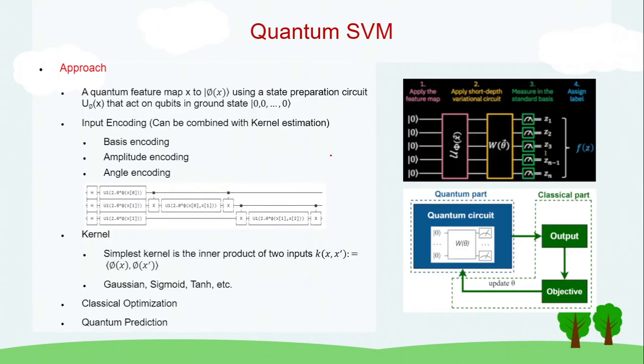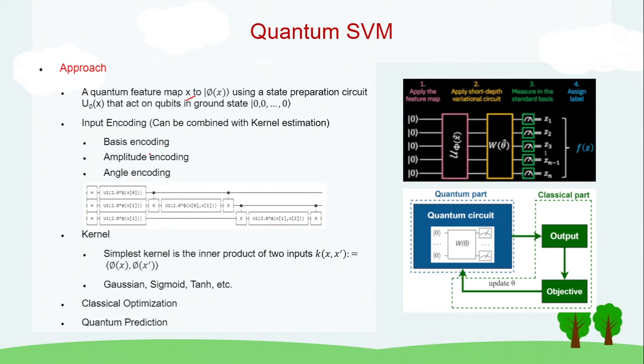As I told you, the approach is similar, and first we need to map the given set of x vectors to quantum states. That is done by something called a feature map. Typically we always start with the zero state, and then we do some function. People call it encoding, and some people combine the encoding process with the kernel.